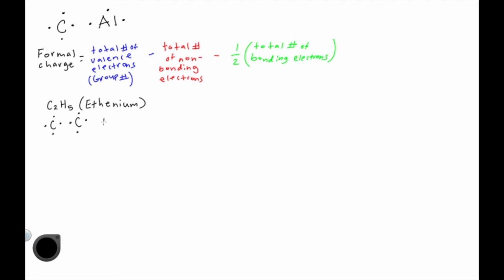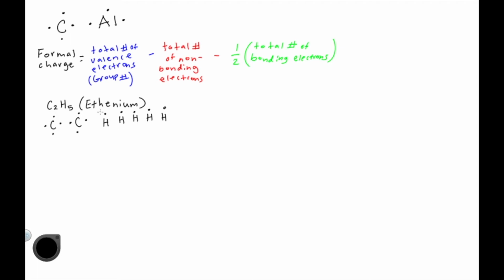And then we have 5 hydrogen atoms, and each hydrogen has 1 electron. So if we count up the number of valence electrons, we have 4 plus 4 plus 5, which gives us a total of 13.